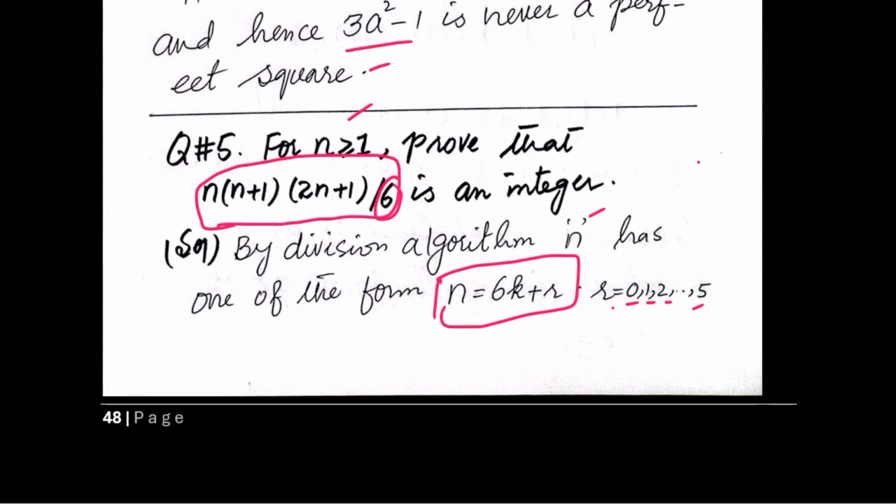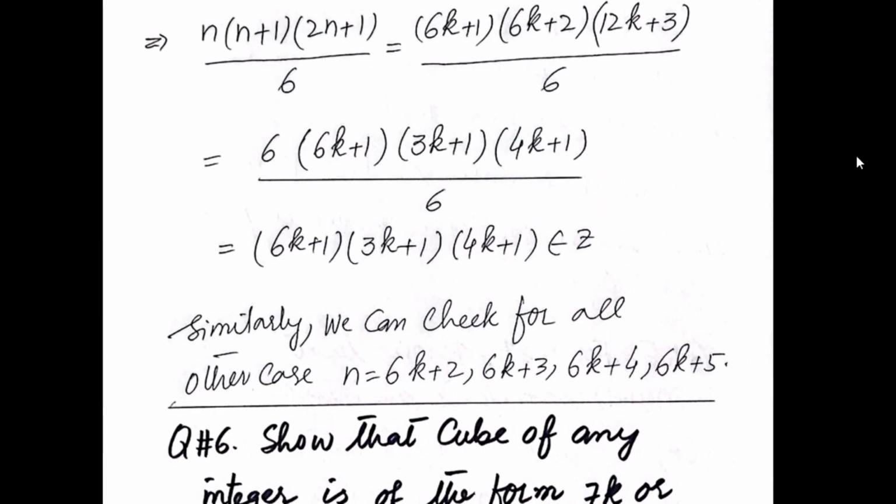So we will consider the cases: when we divide n by 6, it will give a remainder less than 6. So the possible remainders are 0, 1, 2, up to 5, and n has the form 6k plus r.